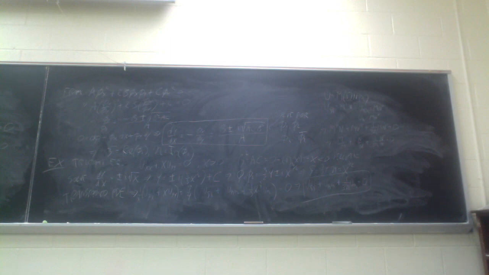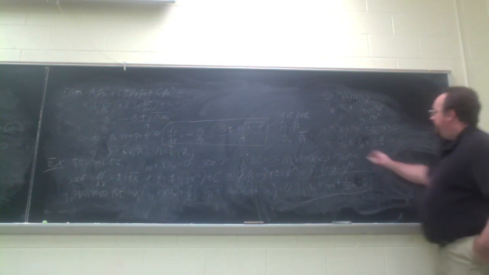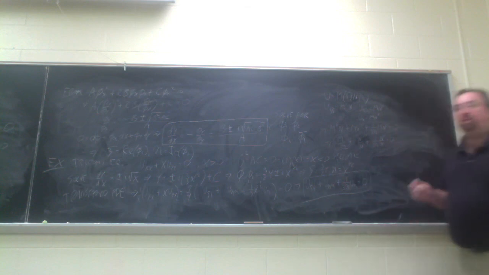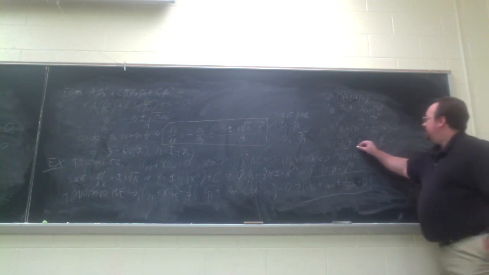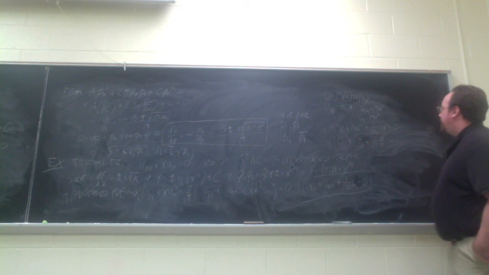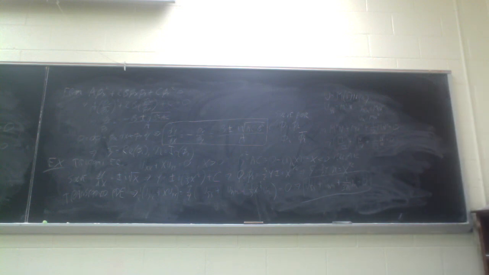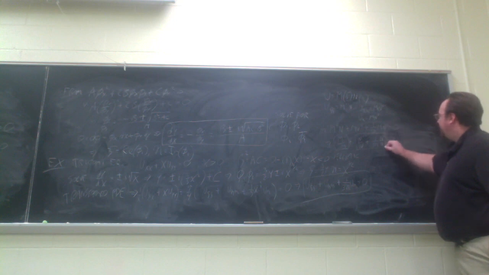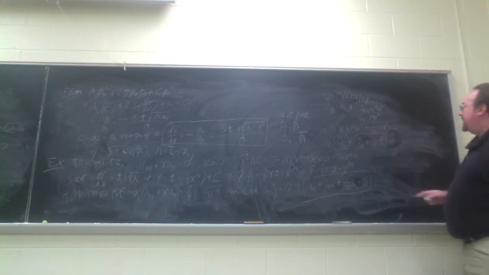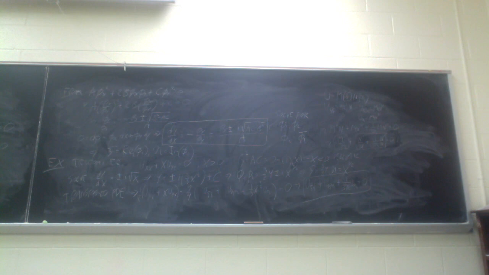Now, with separation of variables, this term here is only a function of xi, and this part is a function of only eta. So the only way that can be is if both of these parts are a constant.